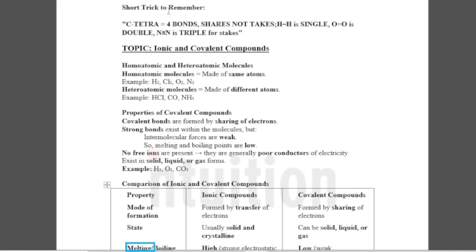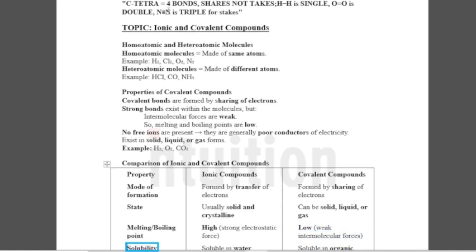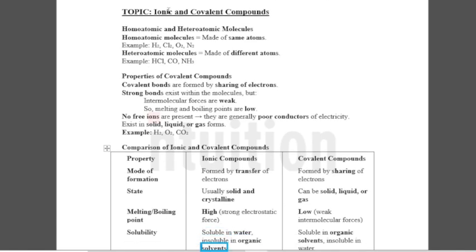Melting and boiling point: high for ionic compounds due to strong electrostatic force, low for covalent compounds due to weak intermolecular forces. Solubility: ionic compounds are soluble in water and insoluble in organic solvents; covalent compounds are soluble in organic solvents and insoluble in water.